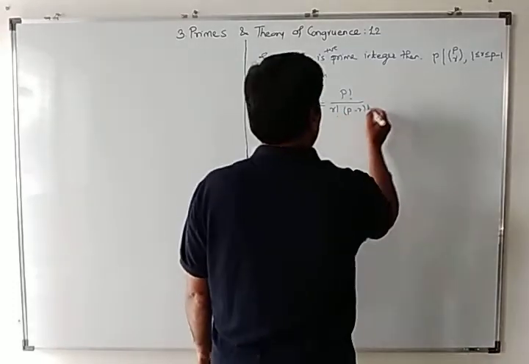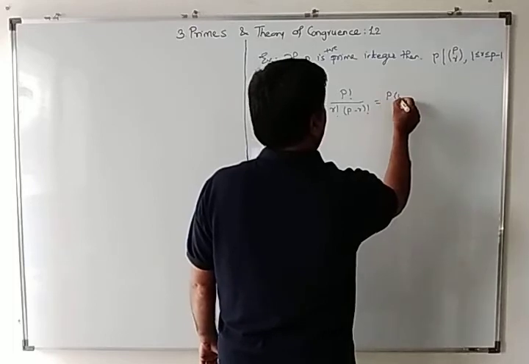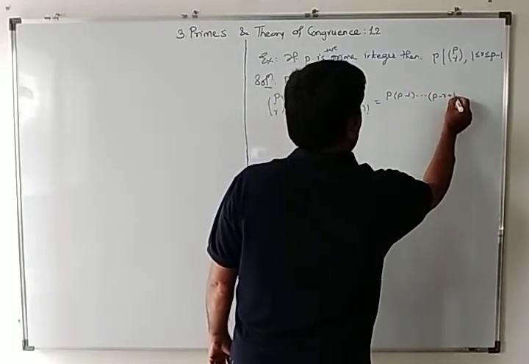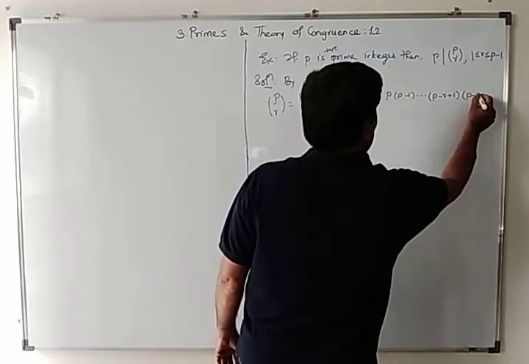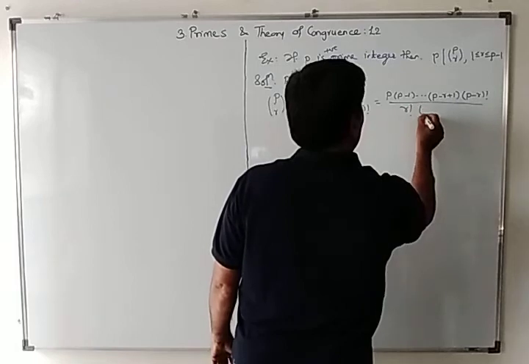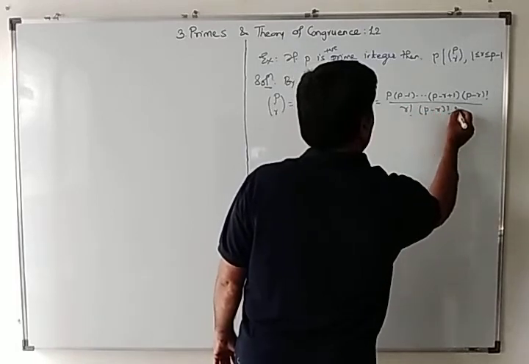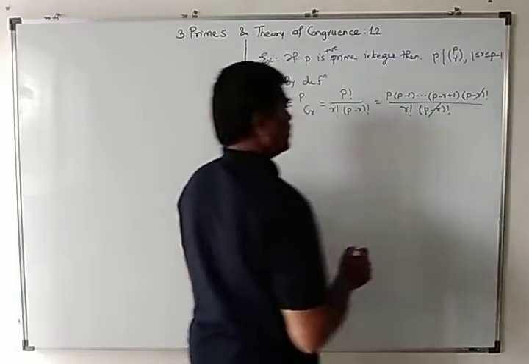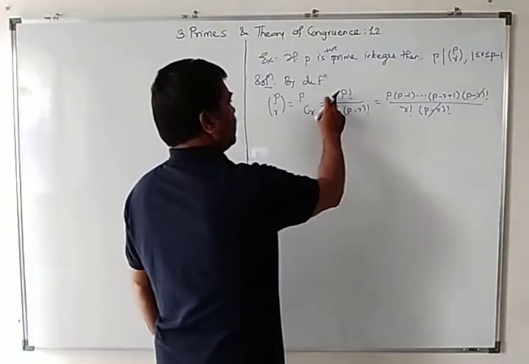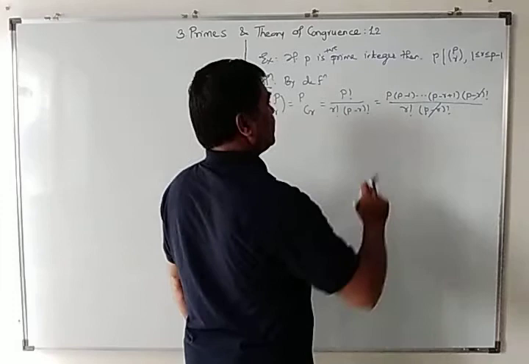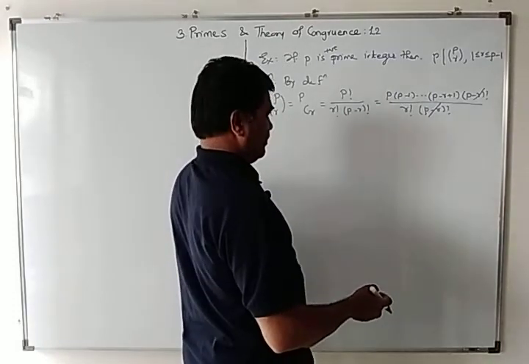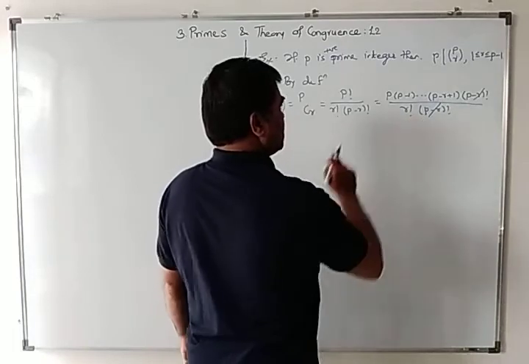I can write this as p into (p − 1) up to (p − r + 1) into (p − r) factorial upon r factorial into (p − r) factorial. We can write it in this way. So, p factorial is p into (p − 1) up to (p − r + 1) into (p − r) up to 2 into 1. So, I am cancelling (p − r) factorial.